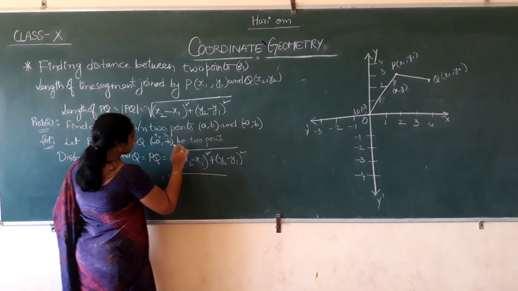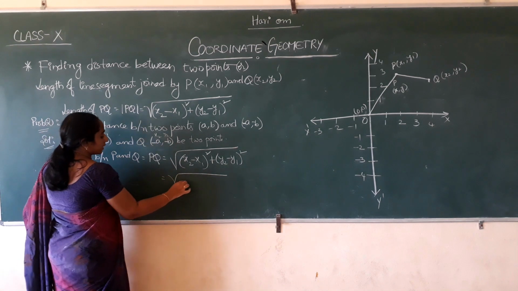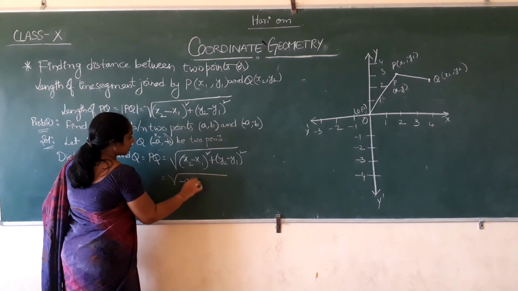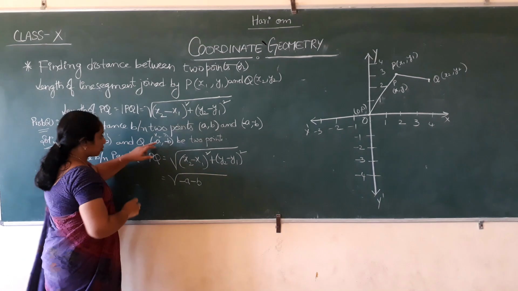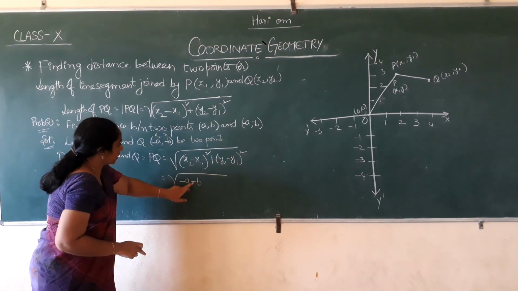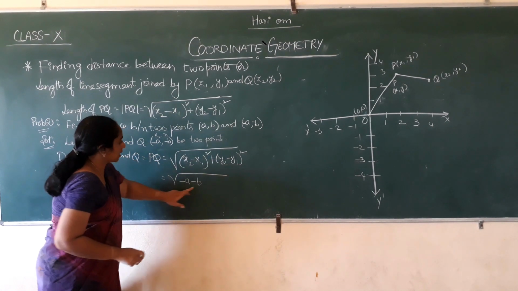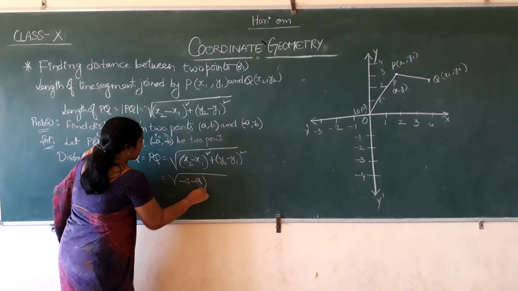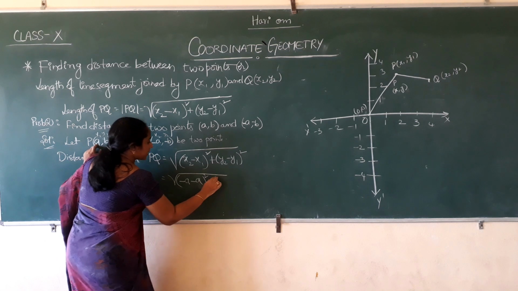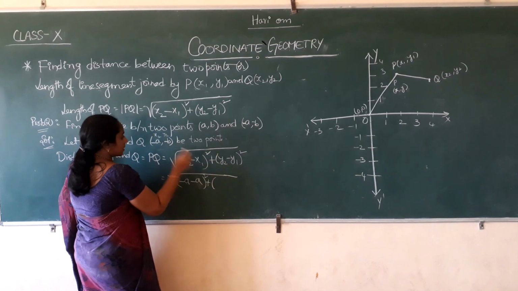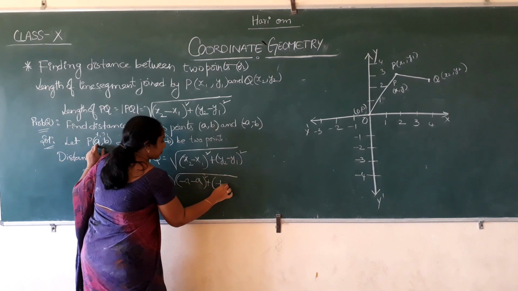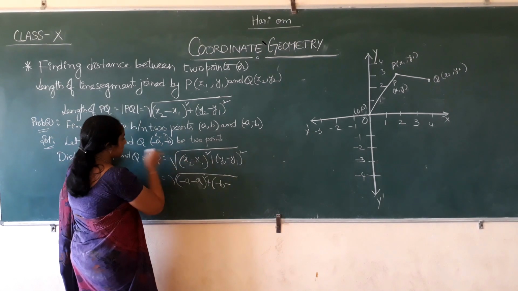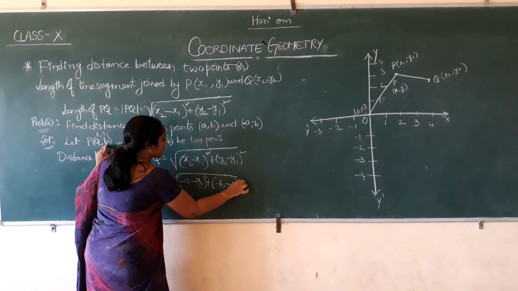Here x2 is minus a and x1 is a, so it is (minus a minus a) whole square plus (minus b minus b) whole square.